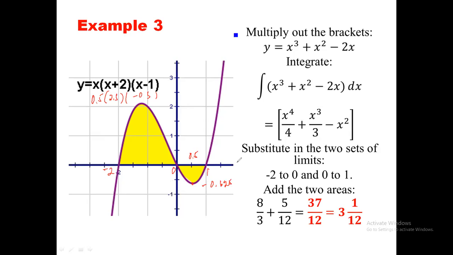Are you still with me? See? Miss Ali is correct: -0.625. It is below. Okay, once you plot it, you'll know its shape, you just connect the dots. You have one dot here, one dot here, one dot here.